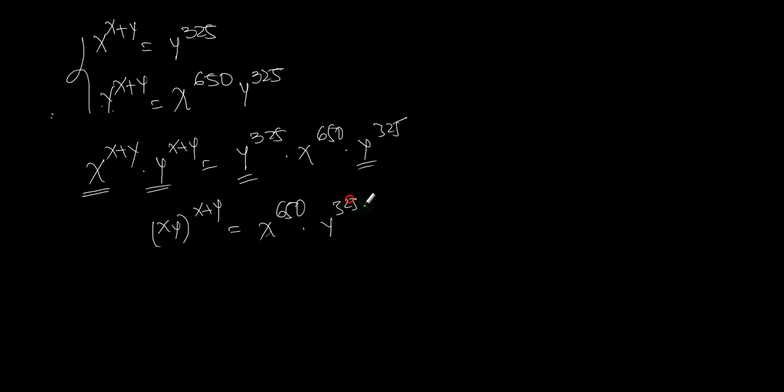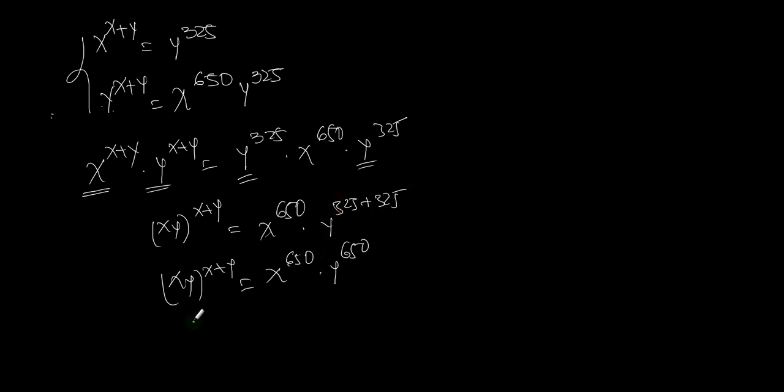This is 325 plus 325, and then we have x to the 650 and y to the power 650, which is the double of this.